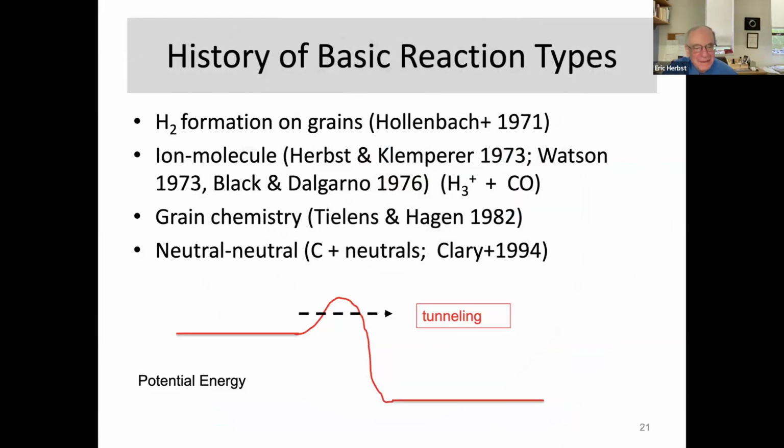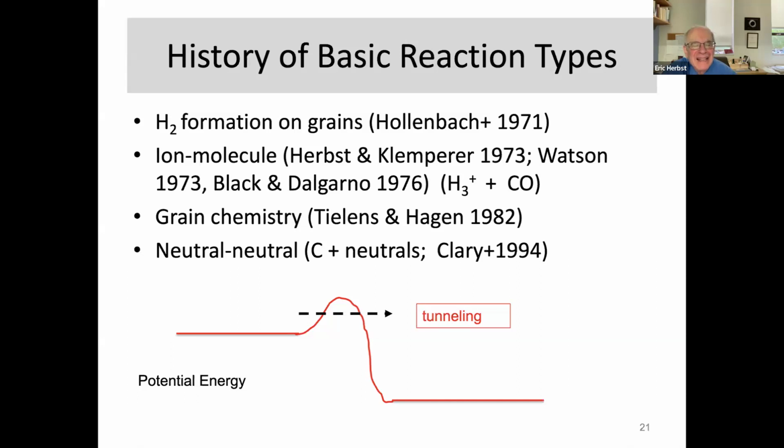All right, so now something a bit on the history of basic reactions. Now, there are lots of chemical reactions going on. They both form new molecules and destroy them. And so some of this is just the type of reactions. There's formation on dust particles, and the most abundant one is molecular hydrogen.